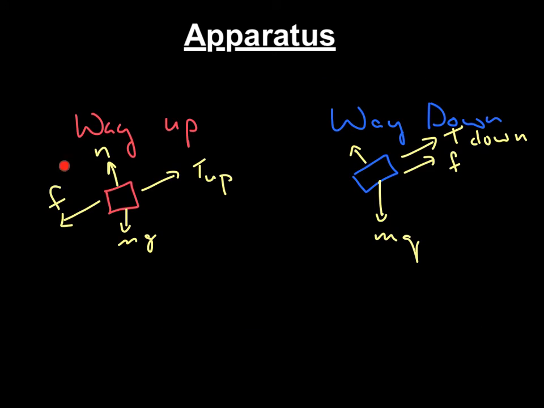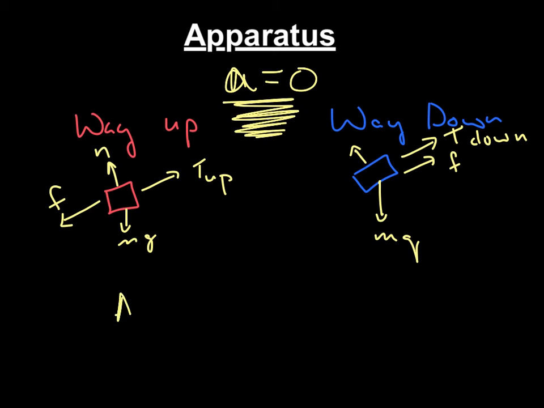If we look at this on the way up, friction's directed down the ramp. When it's moving down the ramp, friction is directed up the ramp. That's because friction's persnickety. So if you look at the tension up and the tension down, those are the tensions to keep moving at a constant velocity. So again, acceleration equals 0. Constant velocity, you're going to have to do this multiple runs.